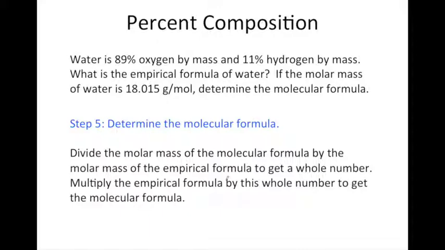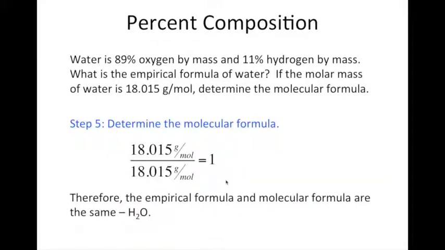And then we multiply the empirical formula by that whole number. If we determine the molar mass of the empirical formula, we get 18.015, and that's the same as the molar mass of the molecular formula, which was given. So we get a factor of 1. So what that tells us is that the empirical and molecular formulas for water are the same.